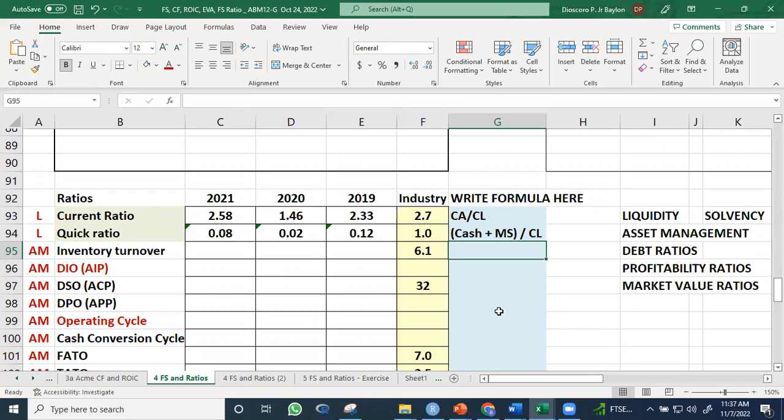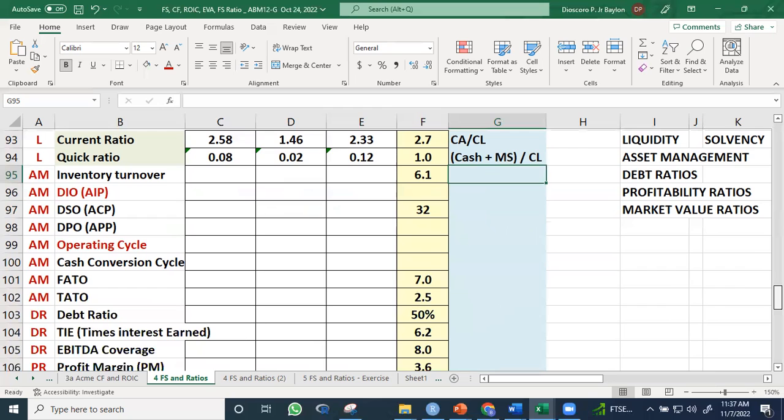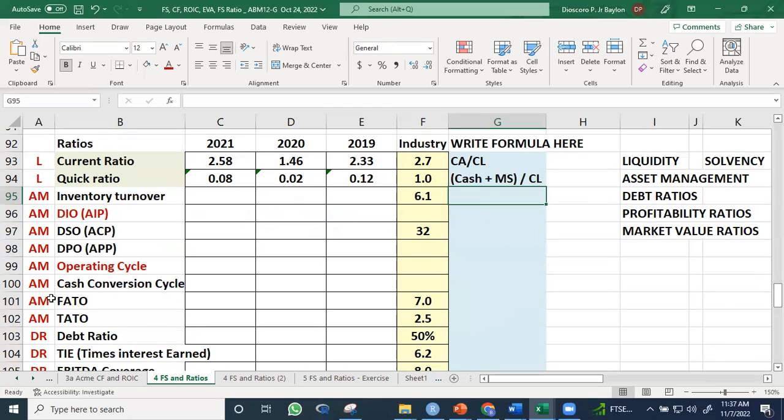Okay, turnover, inventory turnover. So meron tayong iba't ibang klaseng turnovers, no? You have here FATO.